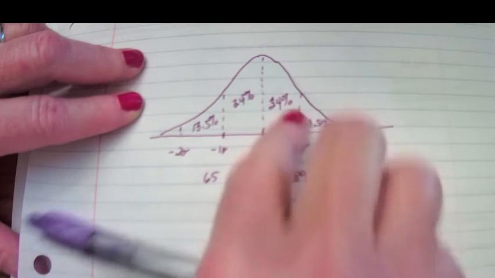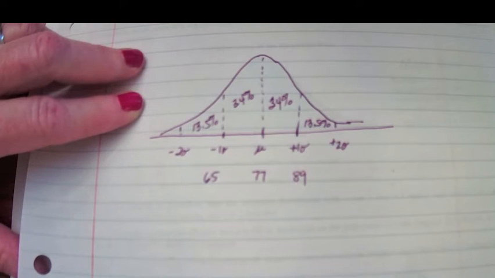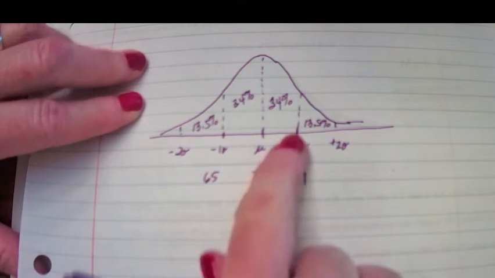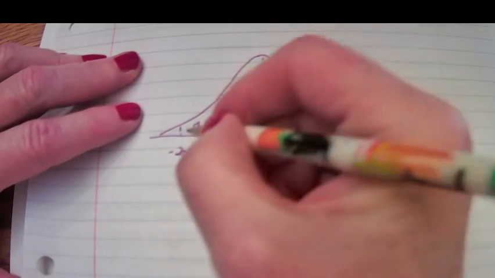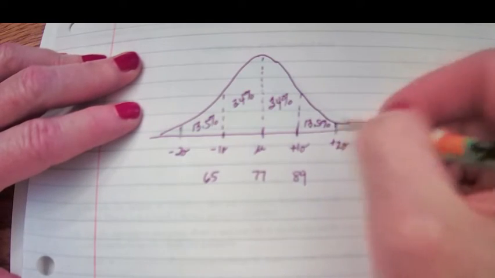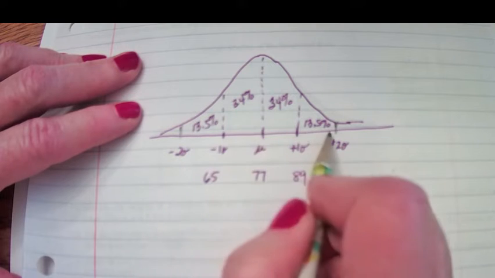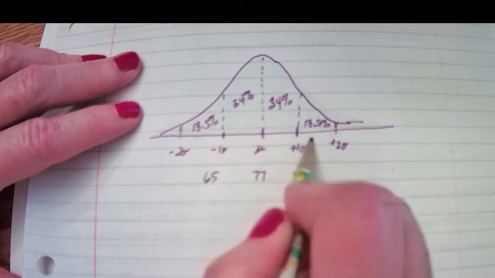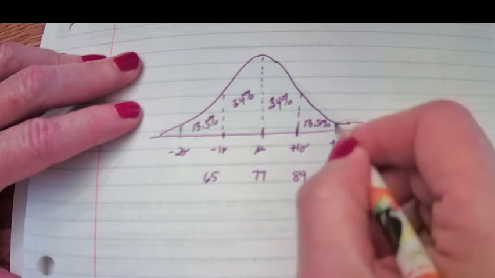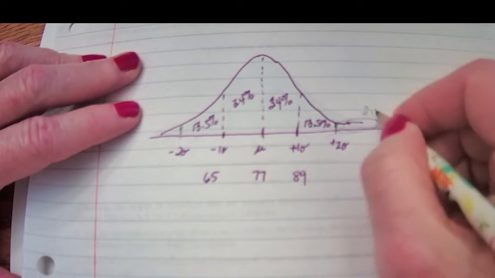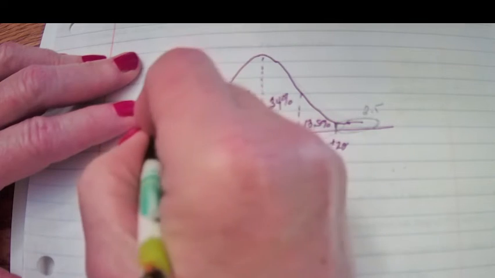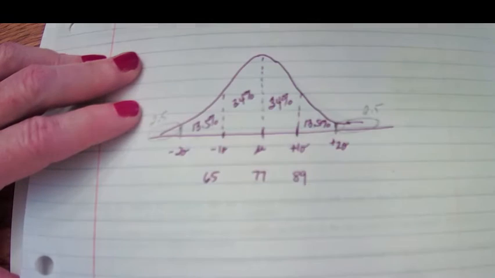So what is 13.5 plus 34 plus 34 plus 13.5? 95% of all the data will fall up or down 2 standard deviations. So this is an extra 2.5%, and this is an extra 2.5%.